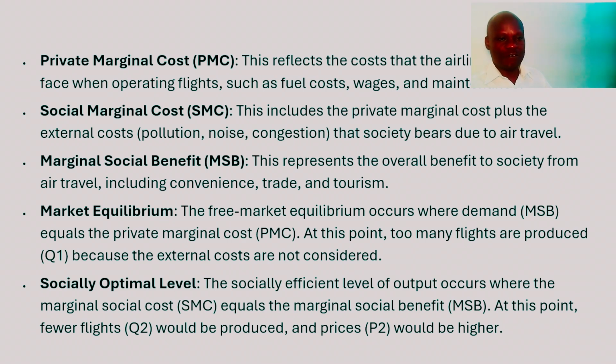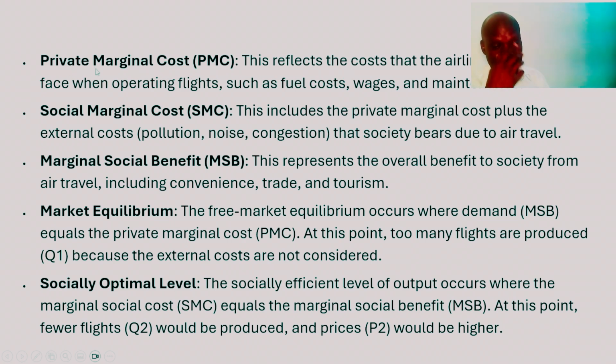So we'll not be having a situation where we have overconsumption as a result of underpricing of the facility. Now, as we had seen, private marginal cost reflects the cost that the airline companies face when operating flights, such as fuel costs, wages, and maintenance.